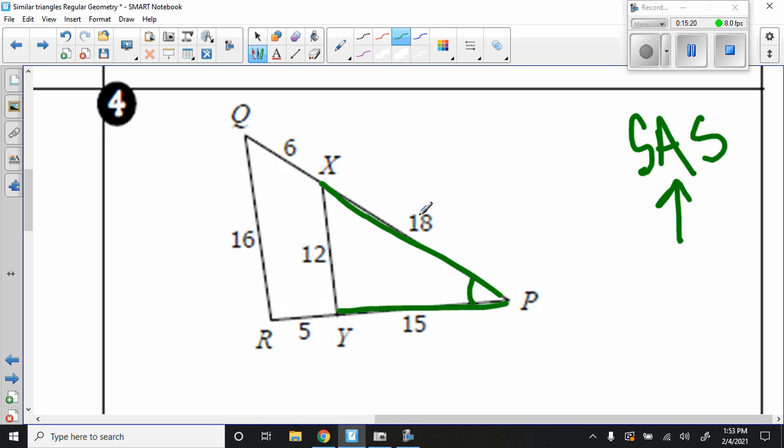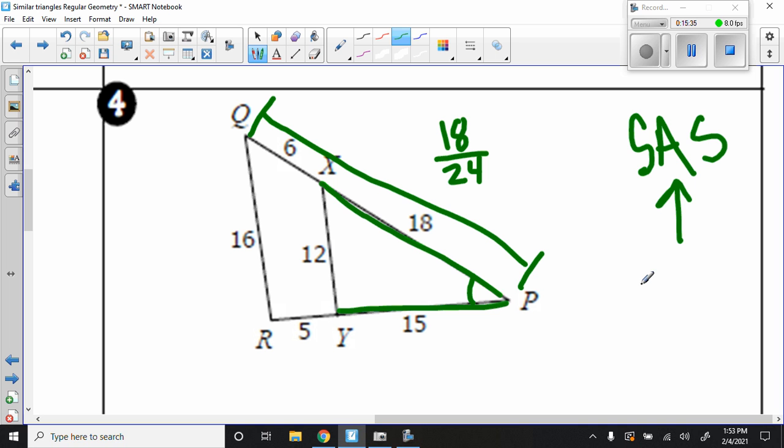So the test for the top side is 18 over 24. The top of the small triangle is 18. The top of the big triangle is 24. You guys have all seen this before. The bottom of the small triangle is 15.